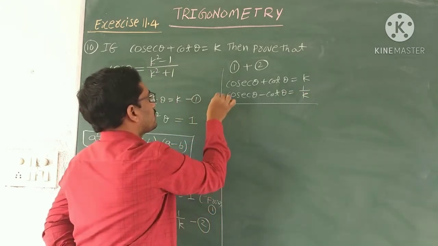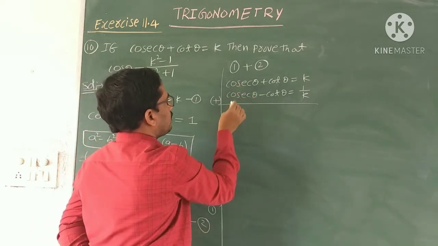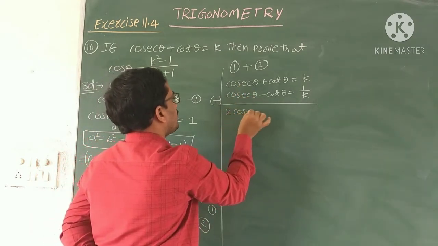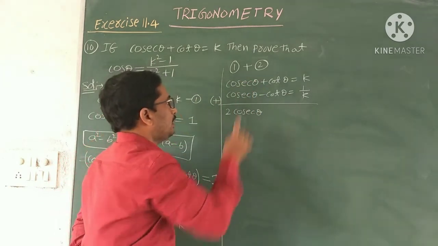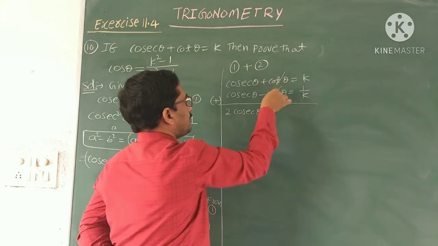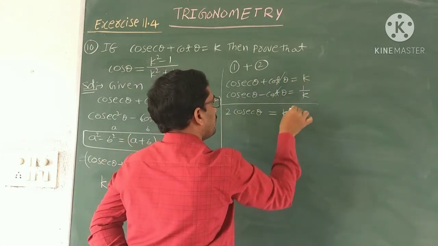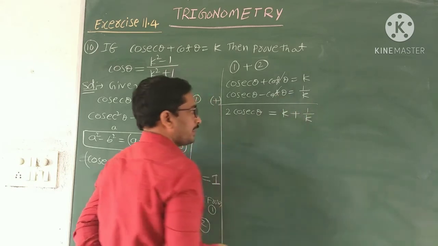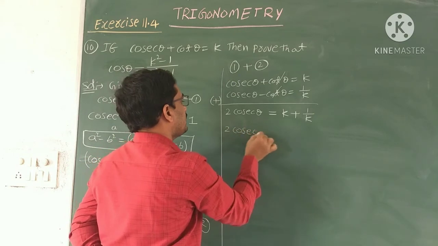Add the two equations: cosec theta plus cosec theta is 2 times cosec theta, and plus cot theta minus cot theta cancel. Right side is k plus 1 by k. Left side is 2 cosec theta as it is.